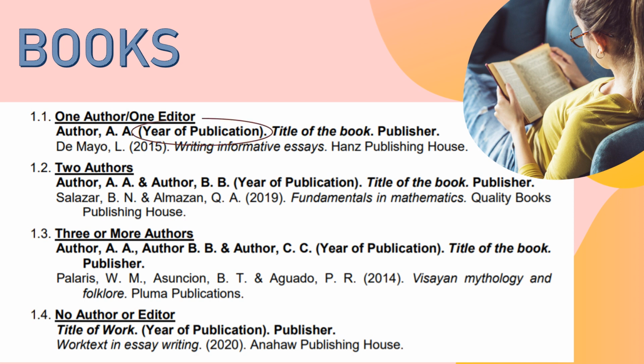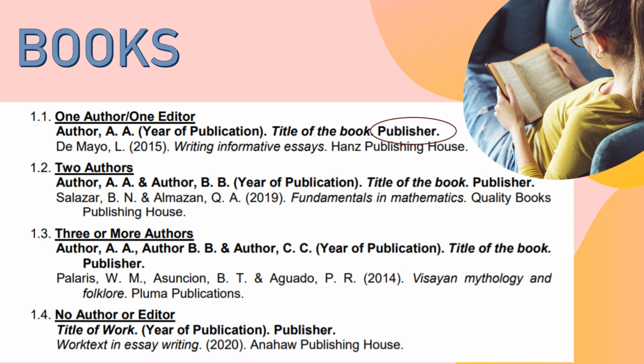The next one is the year of publication, enclosed in parentheses and then period. Then the title of the book. Always follow the proper capitalization in writing the title of the book. After that, you have to put period and then the publisher, period.